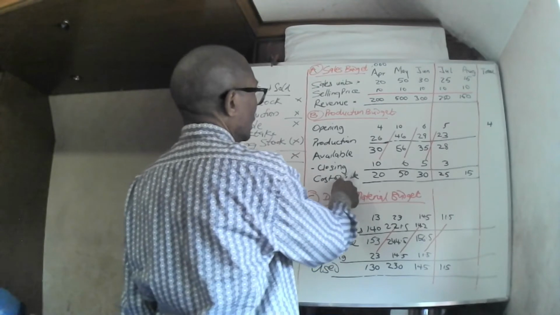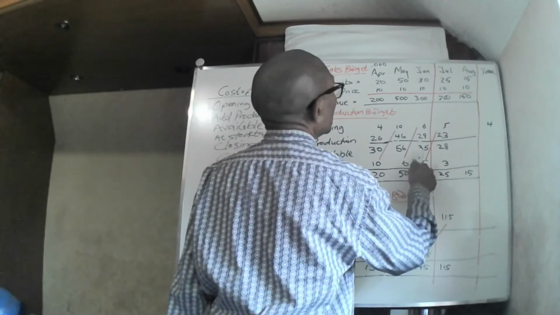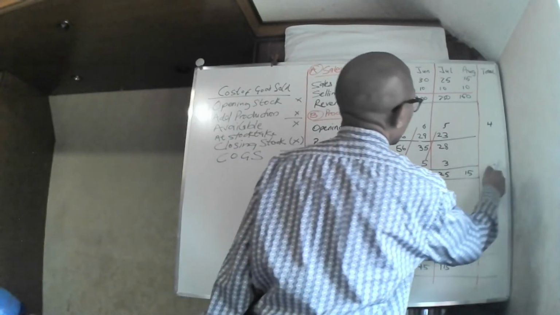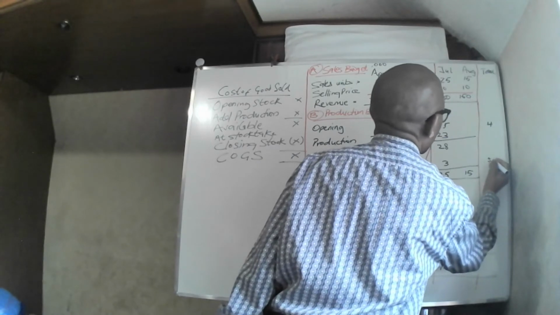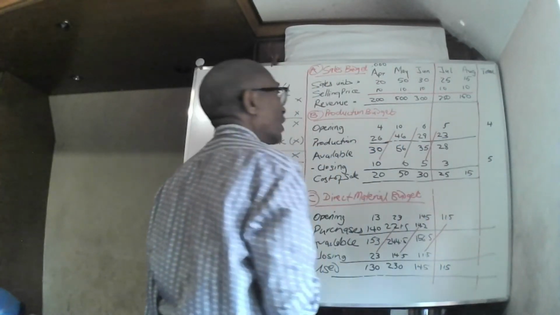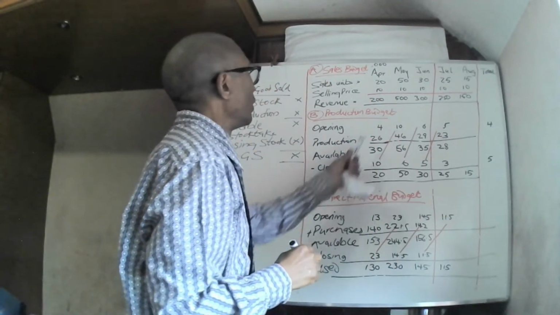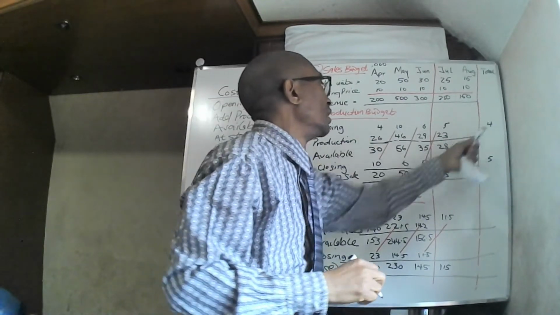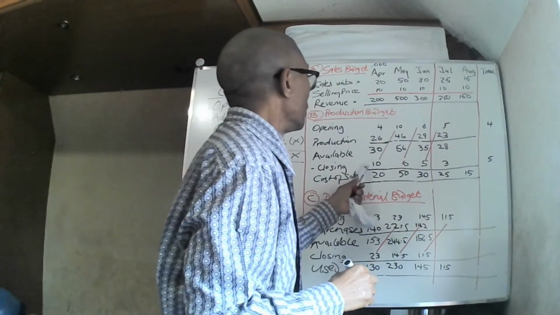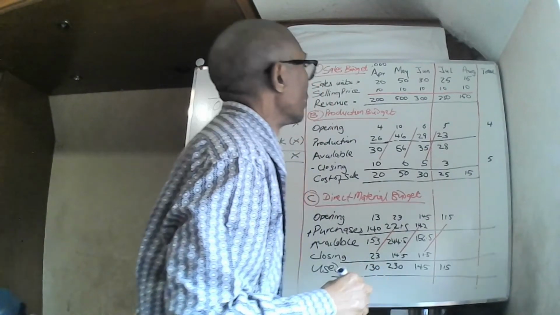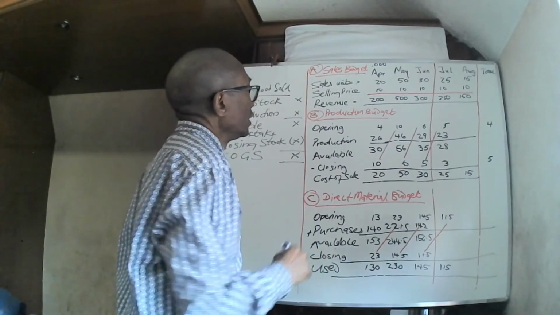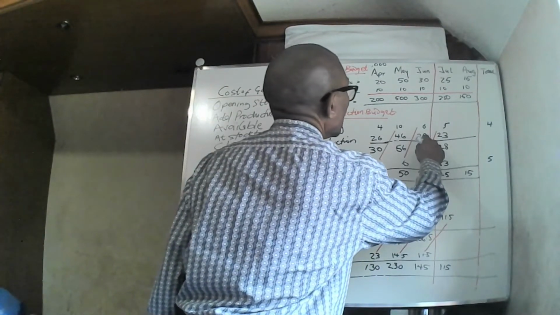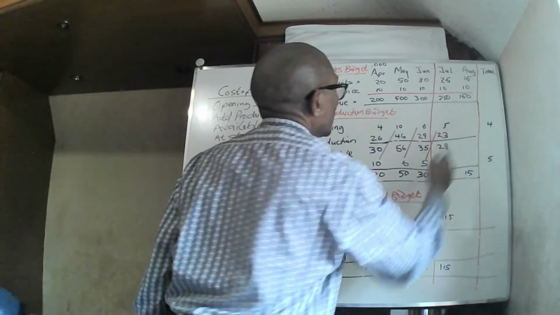I will know that the closing in June will be the closing here, 5. Those are the things you have to make sure you get right. Your opening will be the opening here for the quarter, and your closing will still be the closing for the quarter. So we add all the purchases, April, May, June, and put it there.